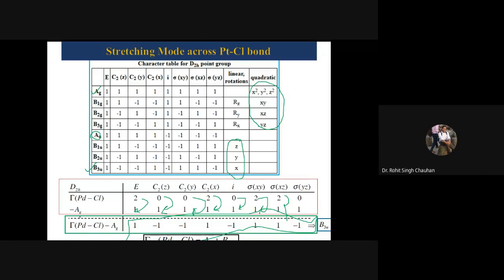So from the character table, you are able to conclude that tau IR is B1U plus B2U plus B3U. However, in case of Raman, the modes will be AG, B1G, B2G, B3G. The same thing I have written here: IR B1U, B2U, B3U, and Raman AG, B1G, B2G, B3G.